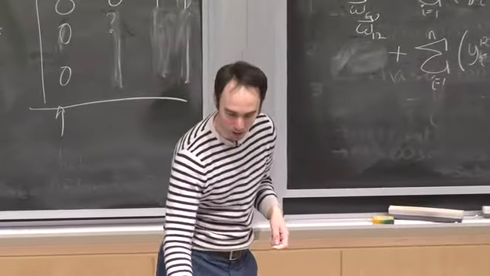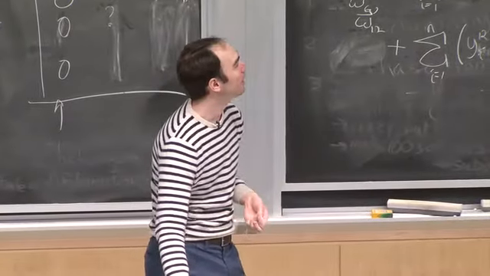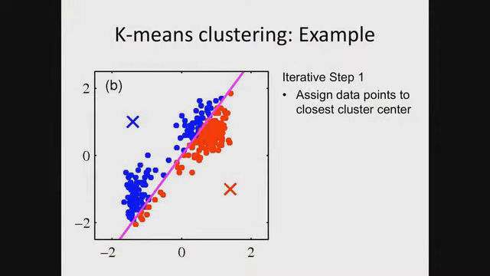All right, so that's the first assignment. Now we're going to average the data points that are assigned to that red cluster center. So we're going to average all the red points, and the new red cluster center will be over here, right? OK, good. And the blue cluster center will be somewhere over here, right? OK, good. So that's the next step.